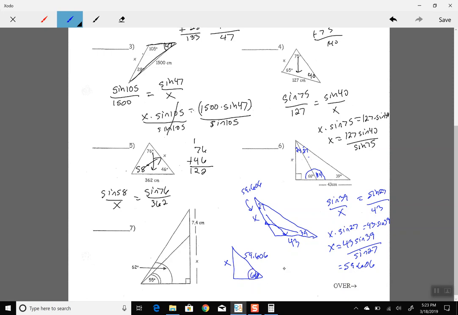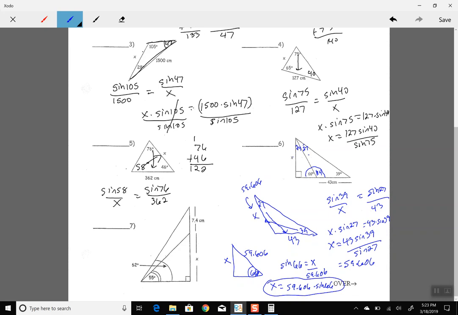So sine of 66 equals opposite over hypotenuse. And so my final answer would be to multiply both sides by 59.606, so you get 59.606 times the sine of 66 degrees. And you plug that into Desmos, and that'll be your answer.